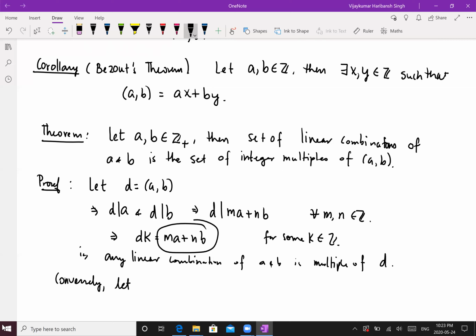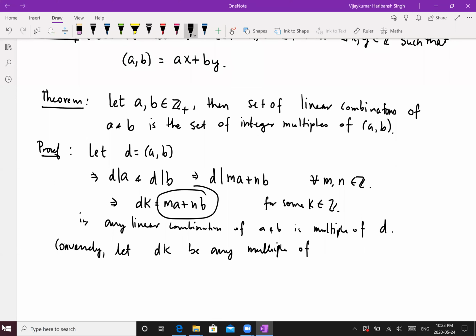Let dk be any integer multiple of D. Now we want to show that it's a linear combination.